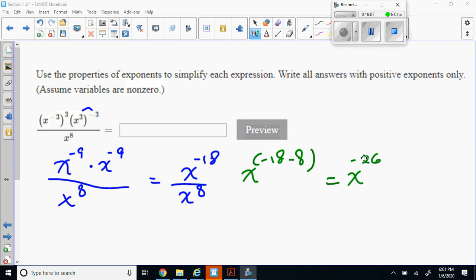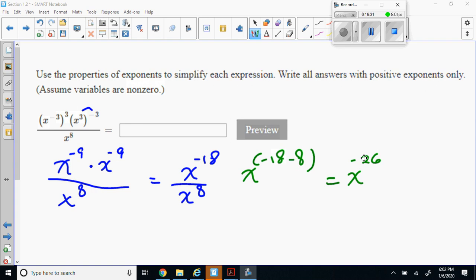Now, when I've taught this before, and it doesn't matter which level I've taught it at, whether it be 7th, 8th, or on up, this thing right here, where it's x to the negative 18 minus 8 in the green, throws people. Because the quotient throws people because they're like, I got a negative. Where does it go? When you get done with the quotient, everything goes up top.